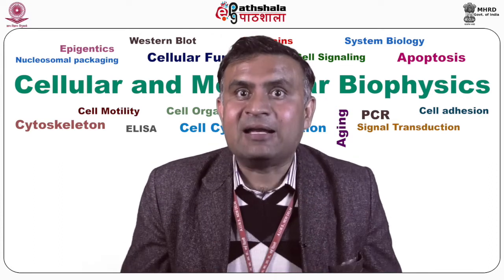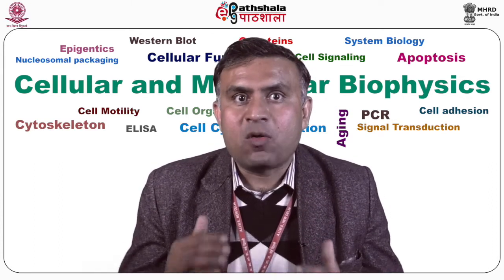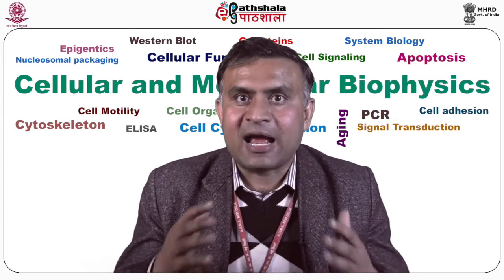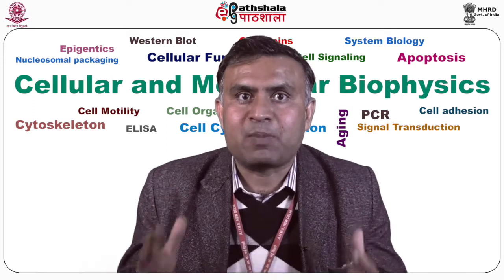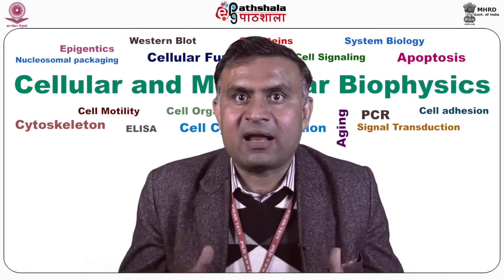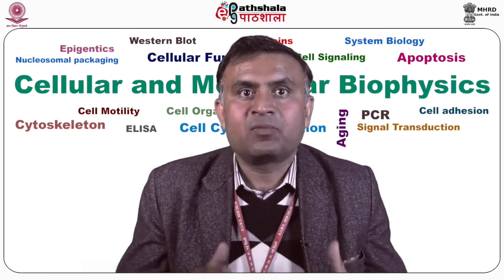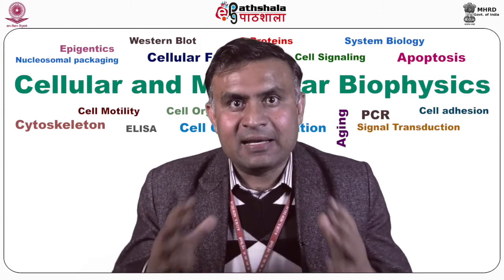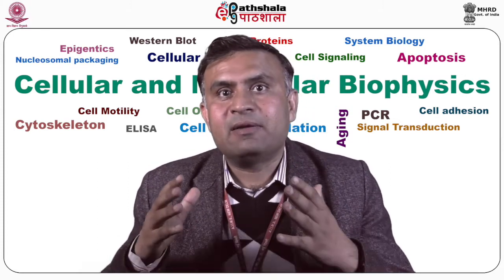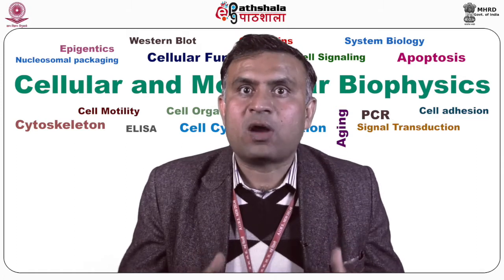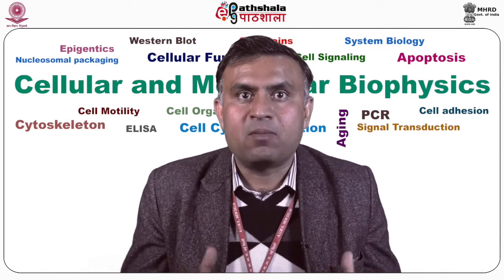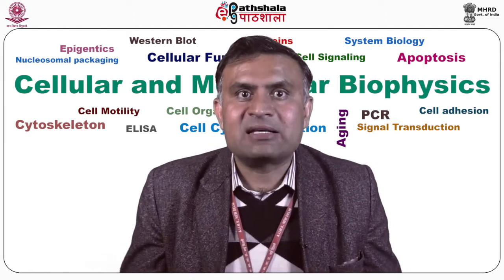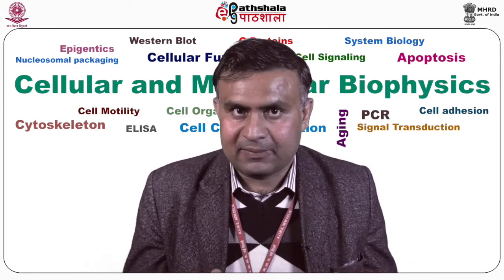DNMT2 is a methyltransferase homolog that methylates cytosine 38 in the anticodon loop of aspartic acid transfer RNA instead of DNA. DNMT3A and 3B, in contrast to DNMT1, have a preference for unmethylated CpG dinucleotides and perform de novo methylation during development.